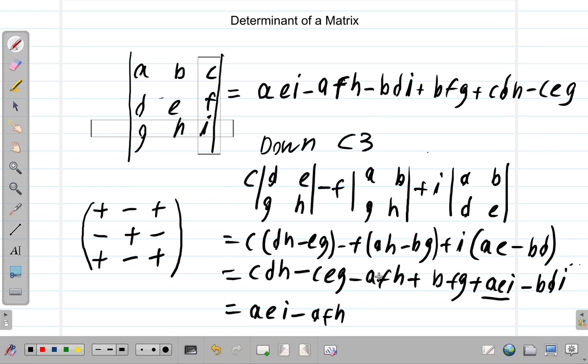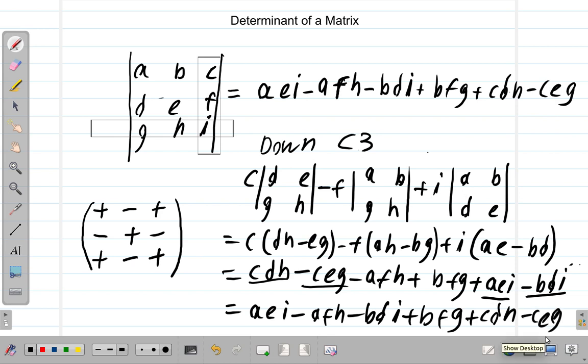Minus BDI, there's a minus BDI at the end here. Then BFG, is there one? Positive BFG, good. Plus CDH, yes, right here. Then we have a minus CEG right here. So you see, we get the same determinant, right?